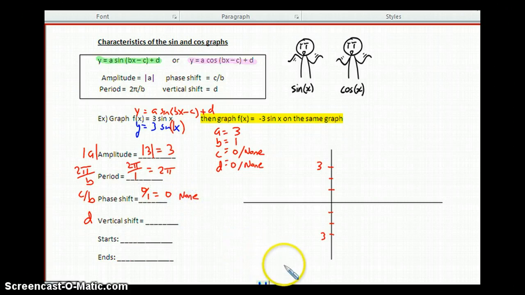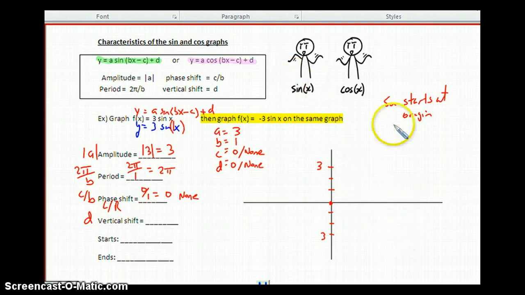That means phase shift is what my graph moves left or right. So when it's a sine graph, sine starts at the origin unless there's a phase shift. I don't have a phase shift, so my graph is going to start right here at the origin. And then it'll go up, come down, down, and then back up again.